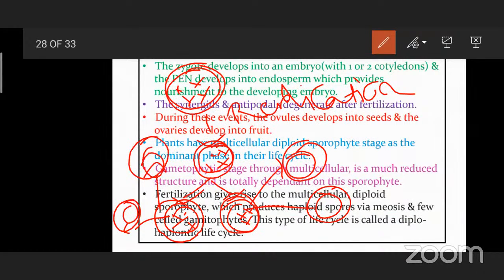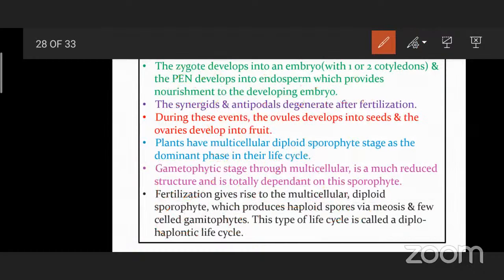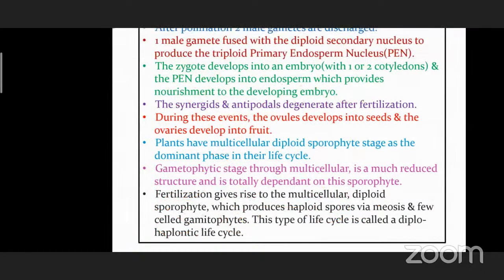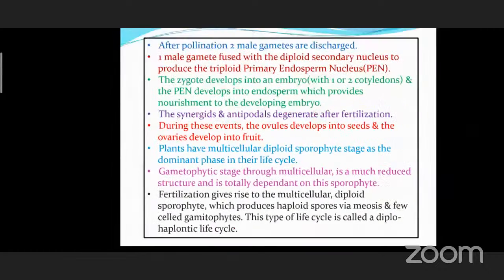Okay, meiosis: in this process, a single cell divides twice to produce four cells. This is the meiosis process.